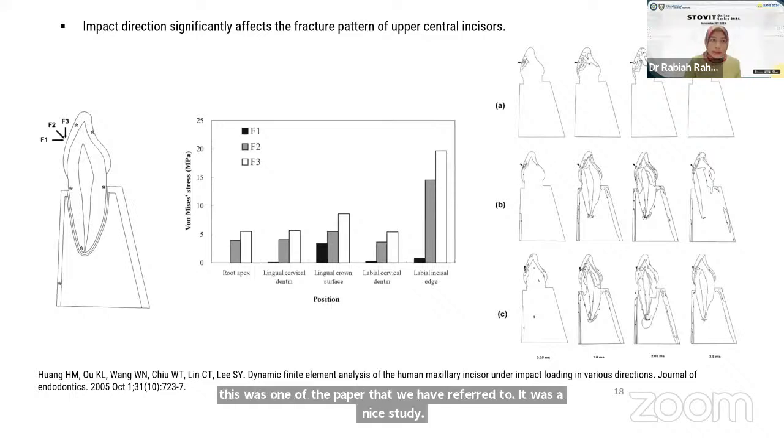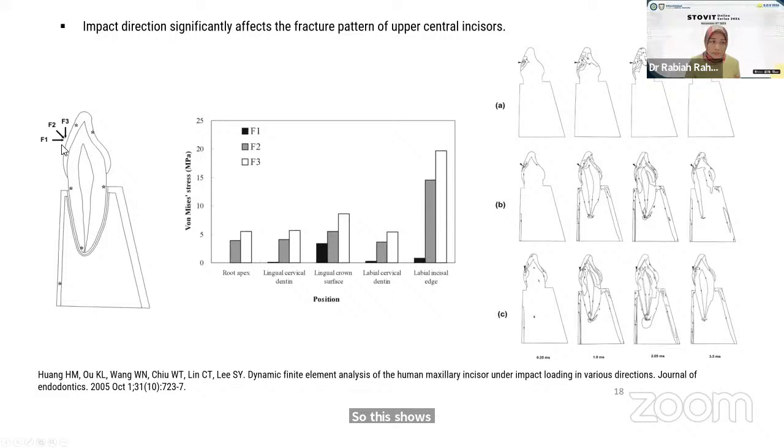This shows how the directions of the impact could actually determine the fracture pattern. Quite a nice study.